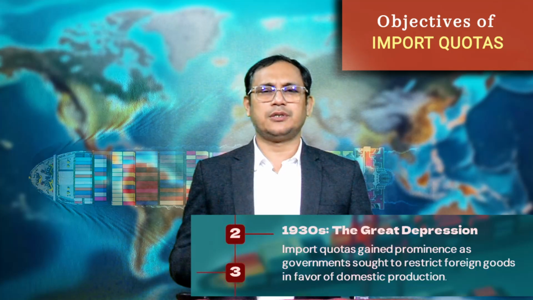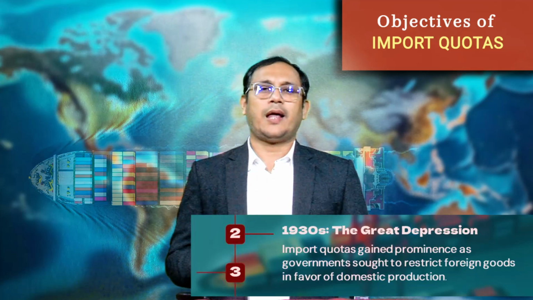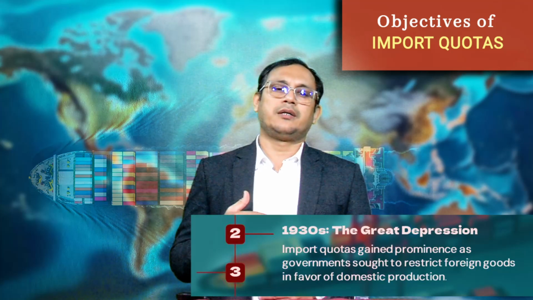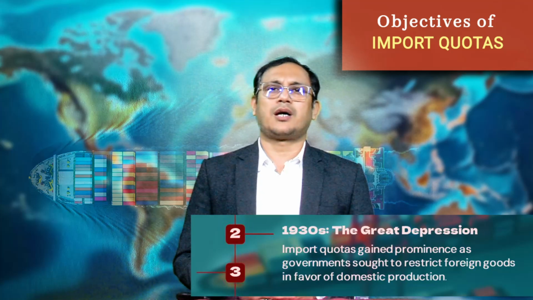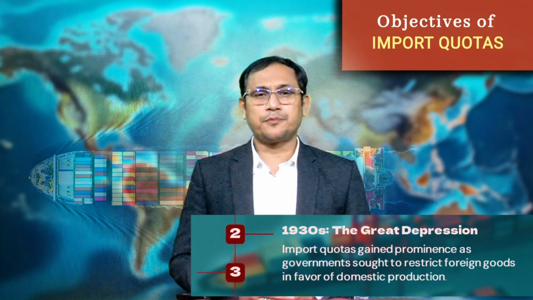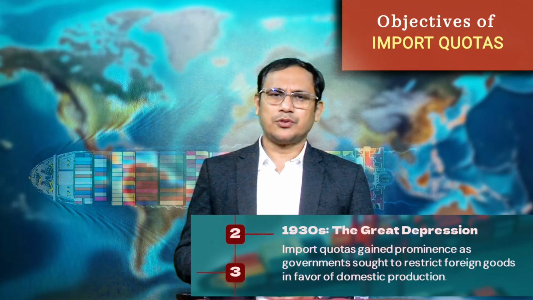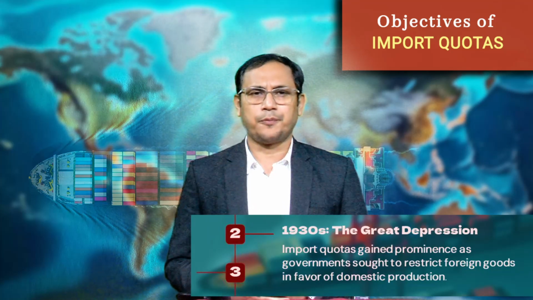A depression is a phase where there is a fall in prices of commodities due to lack of demand. The fall in aggregate demand leads to a fall in production, which again leads to a decline in employment opportunities, and that leads to a fall in income. This process goes on until it leads to a Great Depression.